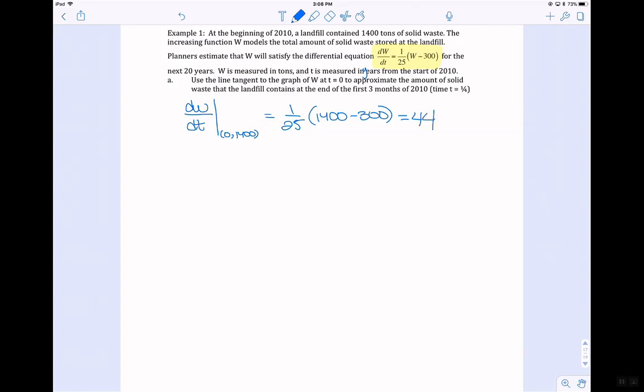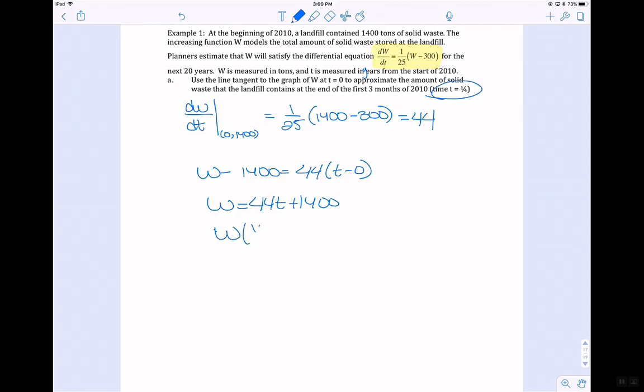So to write the equation of the tangent line, not y, W, because that's my dependent variable, minus 1,400 is equal to 44 times t minus 0. So W is equal to 44t plus 1,400. Now I want to know what happens when time is equal to 1/4.